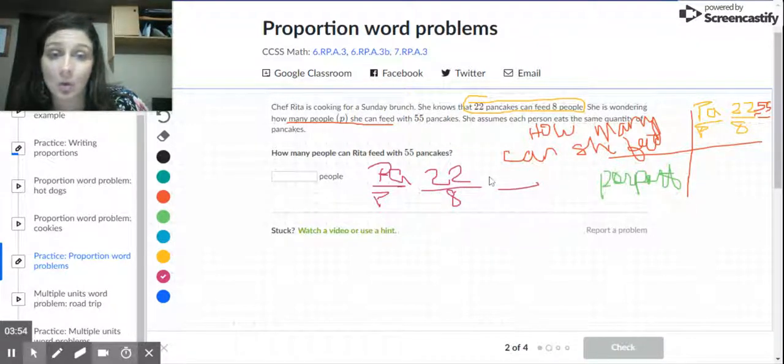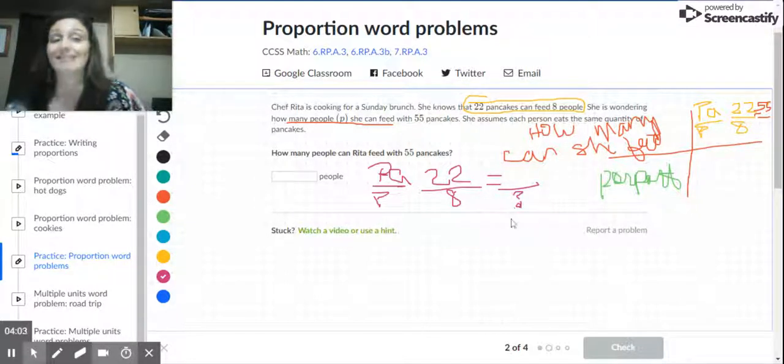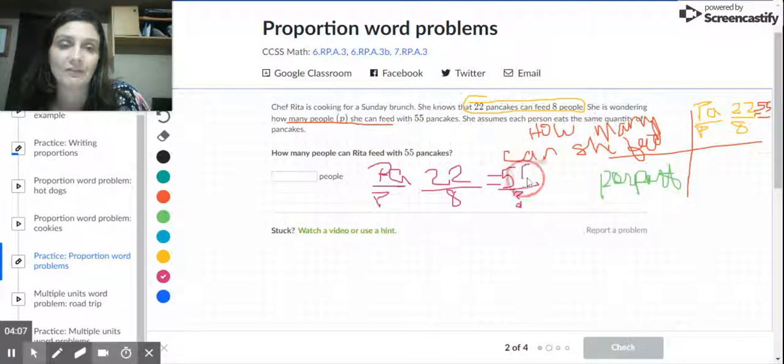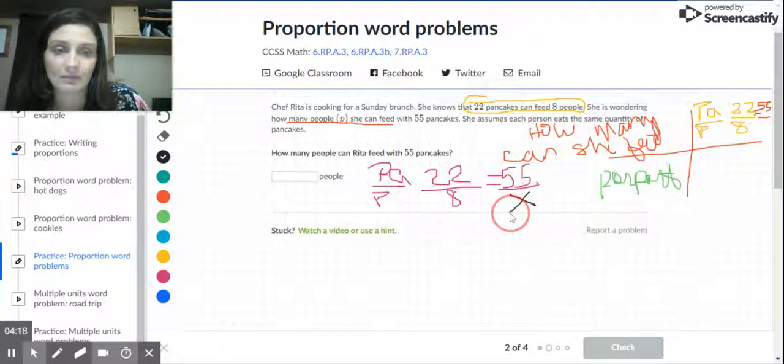So the question that I have is, how many people, so that's my question mark, right? Or my variable, what I don't know yet. Can I feed with 55 pancakes? And just for good math's sake, I'm going to make this an X, a variable. Okay. I'm trying to solve for X.